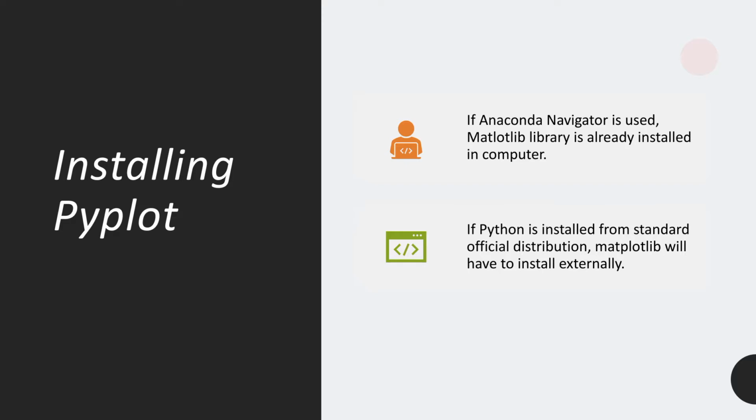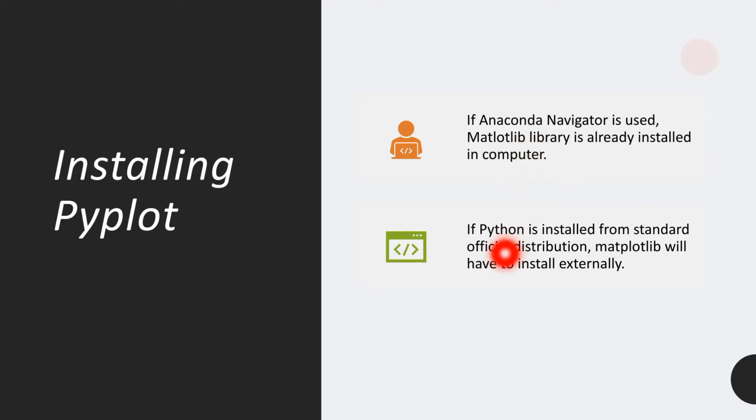Now, how to install pyplot? There are several videos on Sarup to Sky on how to install various libraries by different methods. We have made a video for using pip. If you are using Anaconda Navigator, there is no need to install the matplotlib library because it is already installed on your computer.